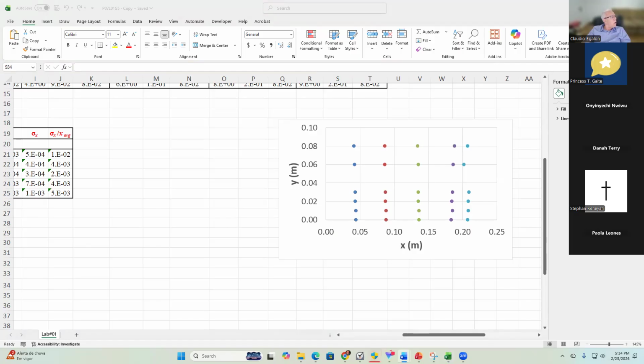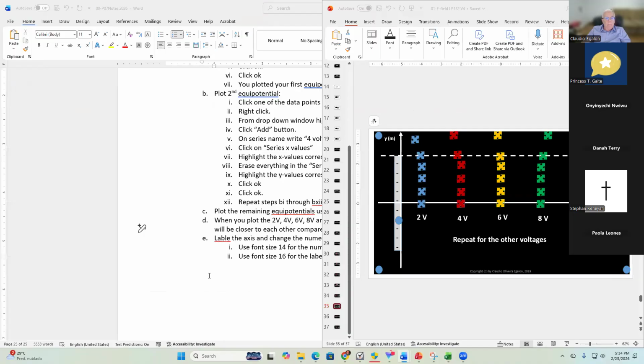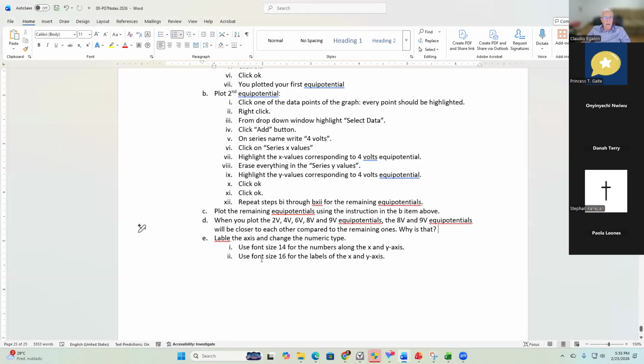Okay, here you go. Label the axis and change the numeric type. Let me see if I can copy and paste here. Oh yeah, I did it. Label the axis and change the numeric type. Okay. Let's see what I'm gonna do. Write it down here.